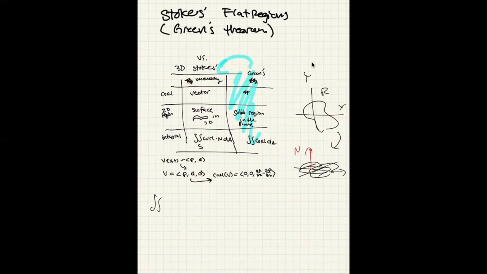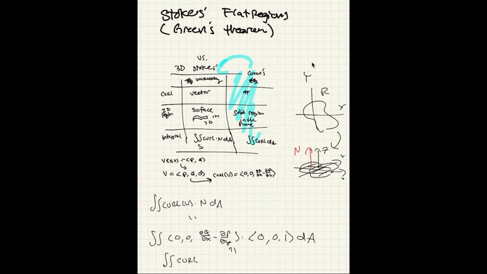So this is now in x, y, z space, so that the double integral of curl V dot n dA is now equal to the double integral of 0, 0, partial Q partial x minus partial P partial y, dotted with 0, 0, 1 dA, and you can see what happens. The last piece falls right off, and this is just the scalar curl. This is curl of V dA as a scalar.